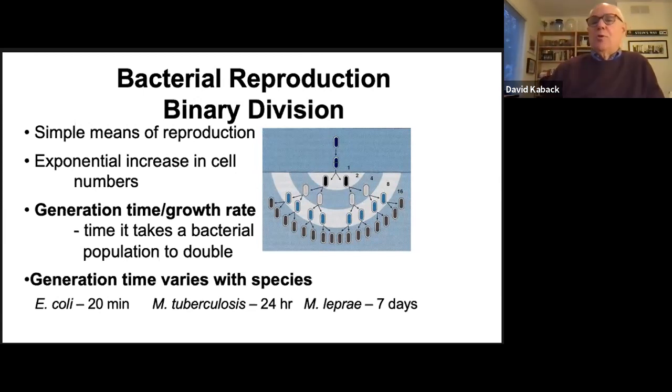Mycobacterium leprae that causes leprosy takes 7 days to undergo a doubling. So there's tremendous heterogeneity in what we refer to as generation time, which affects the rate of growth of a bacterial culture or the rate of growth of bacteria in a person.